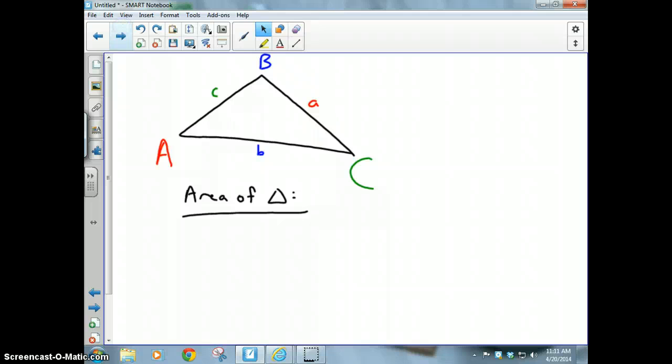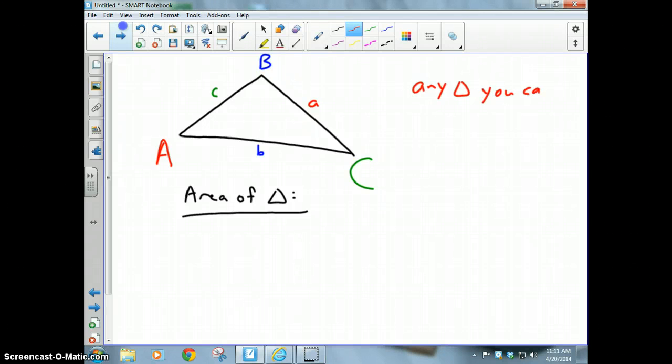Well, let's summarize. So any triangle that you have, any triangle at all, you can find the area using these formulas.